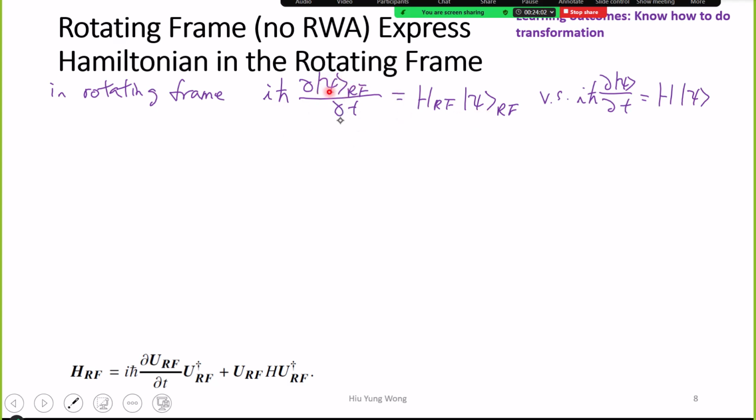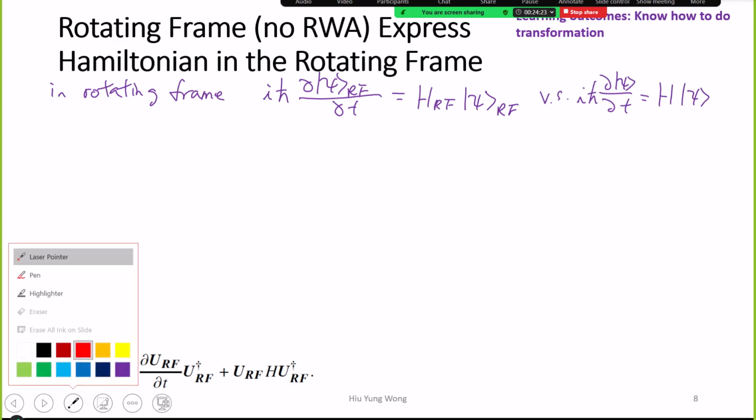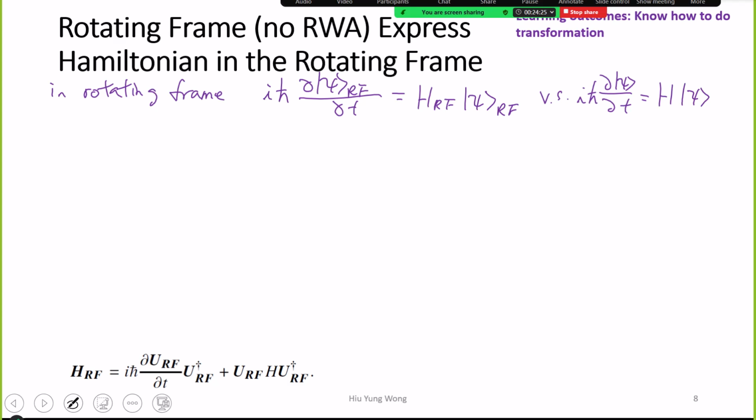The rate of change of the state in the rotating frame is proportional to the Hamiltonian times the state, right? So if I was on the ground, then I would use this equation. And now the problem is how do I solve this equation? Right? So here I just want to introduce a way. How do I find out what is H_RF?